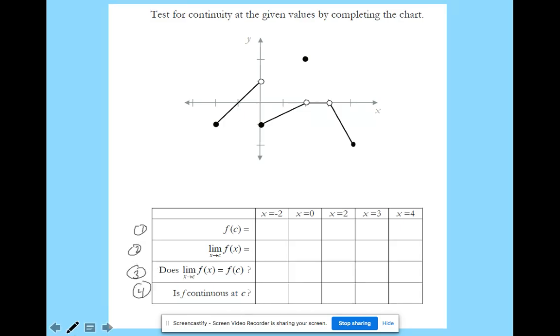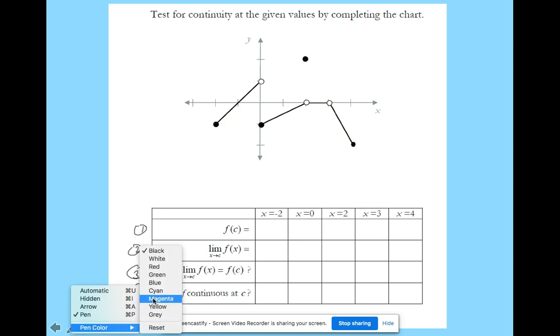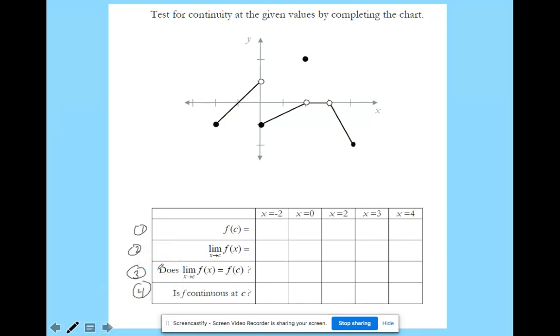And again, you can skip steps; you don't always have to fill in every one of these values. For instance, look at x equals 3. At x equals 3, the function value is undefined. I don't have to do anything here. I don't need to consider this. I can just say no. Again, the endpoints are kind of silly. If you see a closed circle on an endpoint, well, then you're continuous.